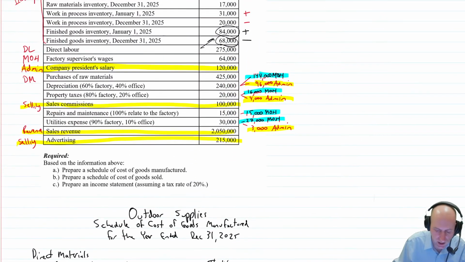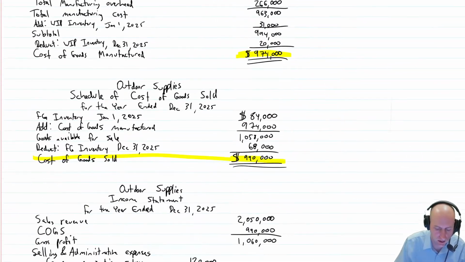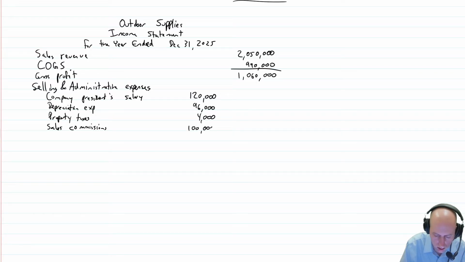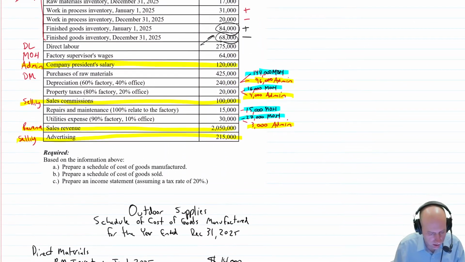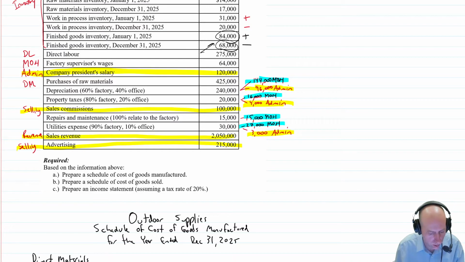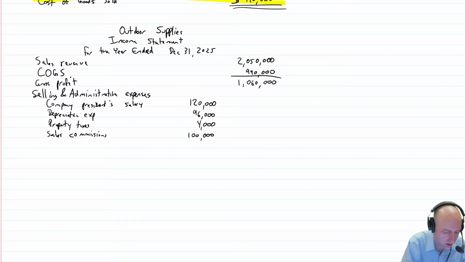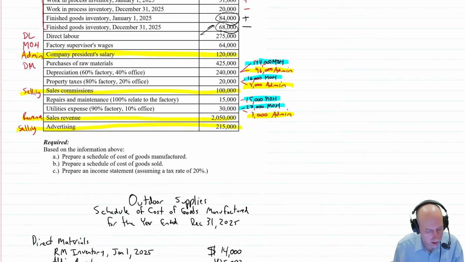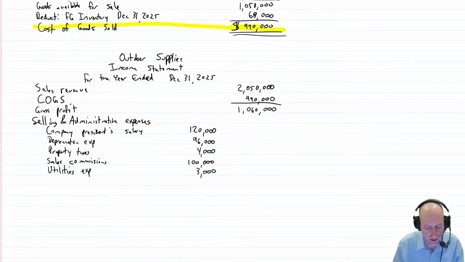Next on our list of expenses here, sales commissions, 100,000. Okay, next on the hit list, 3,000 for utilities expense. Next, sales revenue, no, that's a revenue we already dealt with, but advertising, 215,000 is our last one.